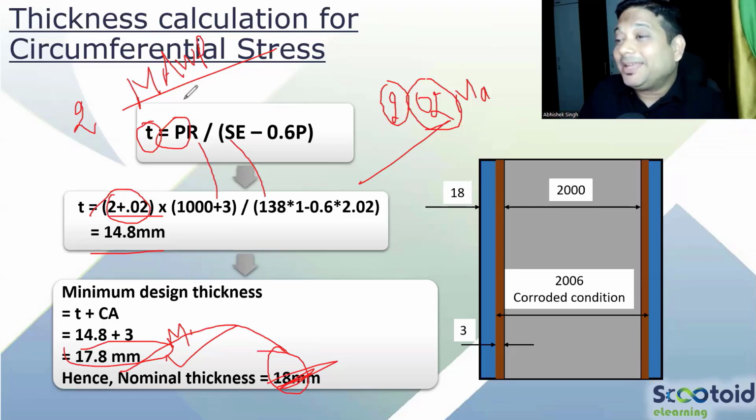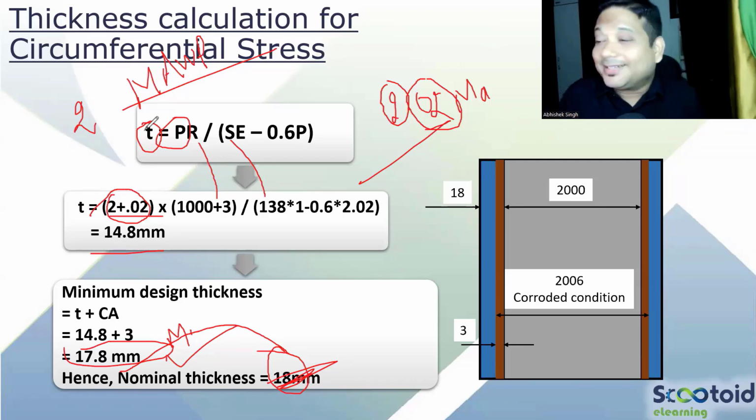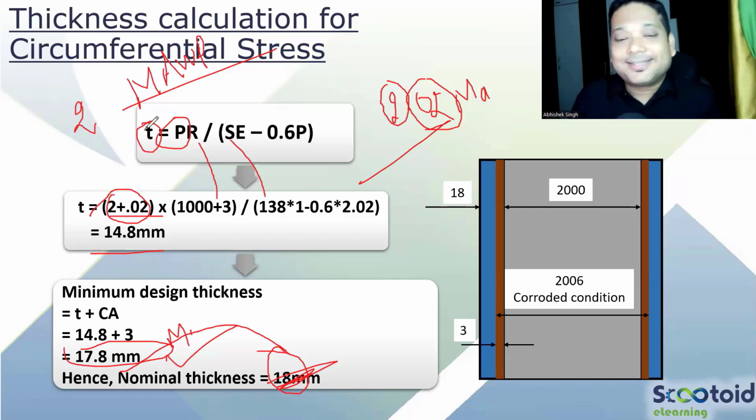So MAWP, guys, is nothing but a design pressure, calculated in this reverse manner. Is it making sense to all of you? You don't have to remember MAWP separately. It's the design pressure. Only because you have considered a little bit higher thickness, you get that much higher pressure.